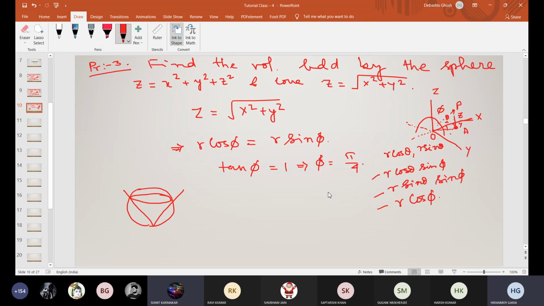Draw it larger and you will get it, because we have used those points directly: x equals this coordinate, y equals this coordinate, and z equals this. It is not too hard. Once you go through it, you will get the proper idea. It is present everywhere as the spherical coordinate.